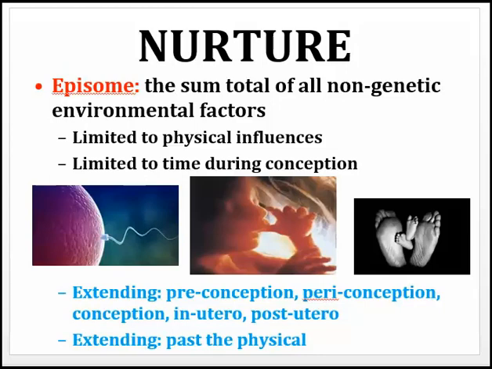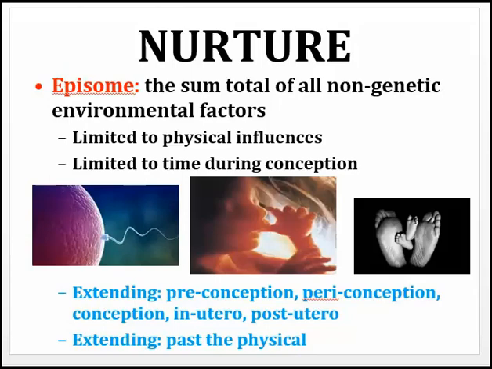But when you're in a C-section, that doesn't happen. And so what they see is that it's more likely for people who are born of a C-section to have gastrointestinal related problems or issues. And then, of course, we don't want to limit it to just the physical influences. We want to extend it past into the emotional, the spiritual realms, and so forth.